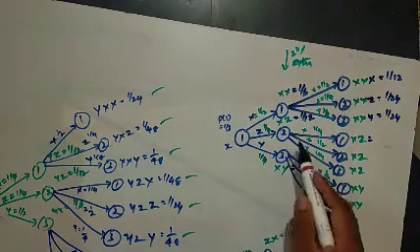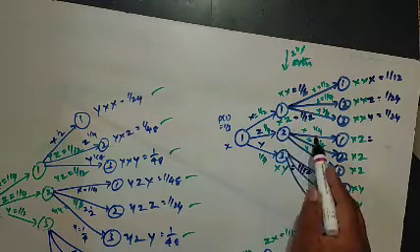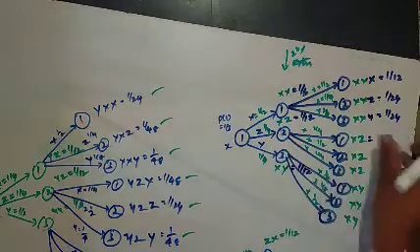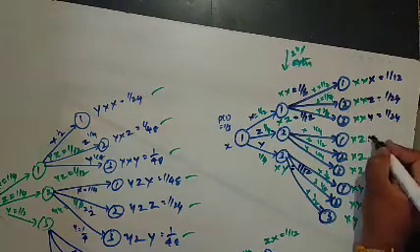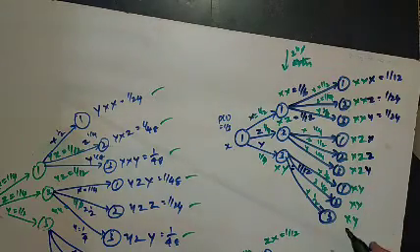Now this point is xz. Xzx, xzz and xzy are there.